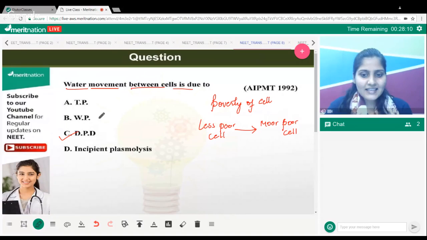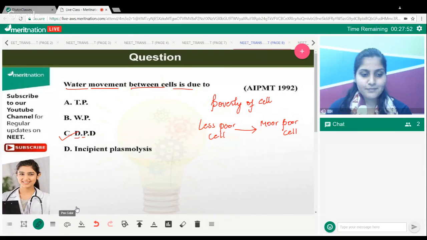Deficit is lack. And what is lacking here? Diffusion pressure is lacking, right? And who builds the diffusion pressure? Water molecules. Here, water molecules are building the pressure. If there are fewer water molecules, it will be more deficit. Yes, exactly. So poor in the sense of water.